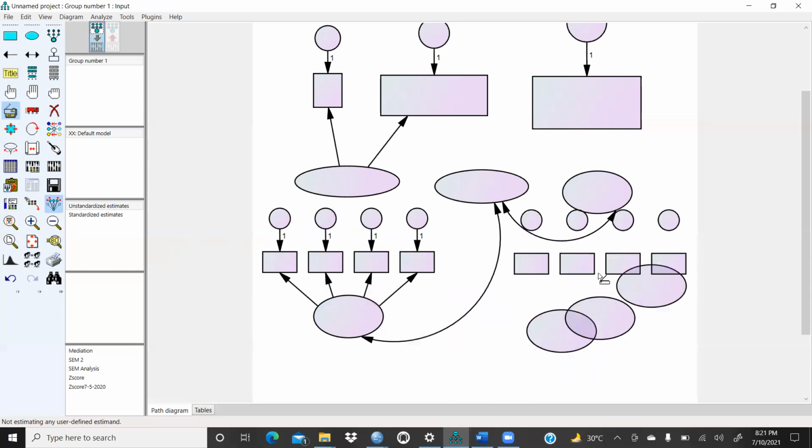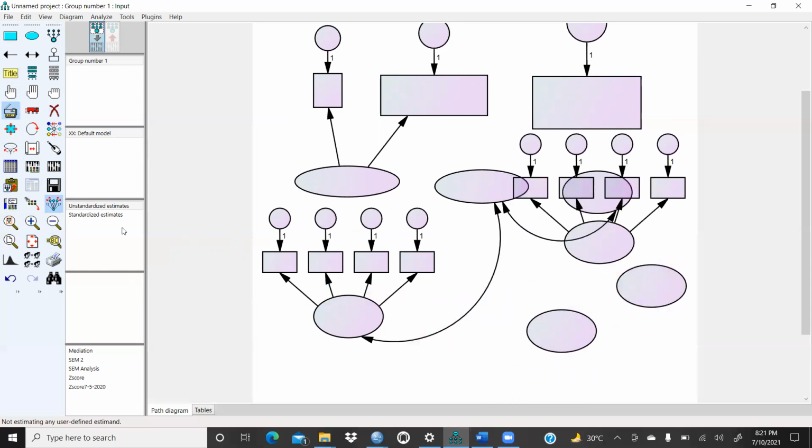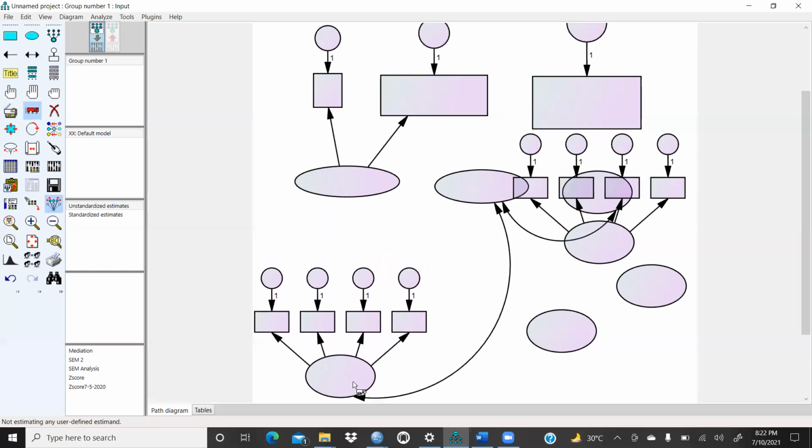See here, the complete thing you can copy here. And if I want to move this red color sign, I can move it completely.